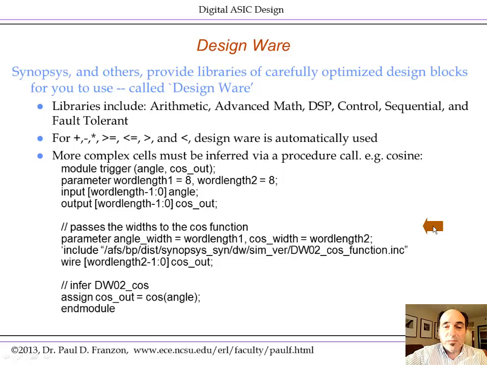If you want to use other modules, including things like carry look-ahead adders, you have to instantiate them directly using something like this example in order to get the function you want. The example I'm giving here is actually using a cosine function from DesignWare. The actual function is called down here: sin_cos_out equals cosine of some angle. Above here, I've specified the wires that go to cosine.